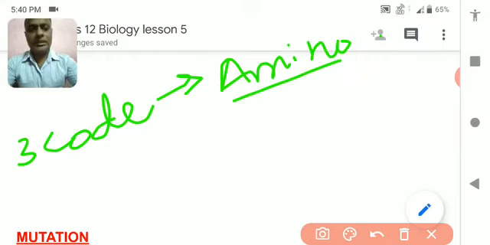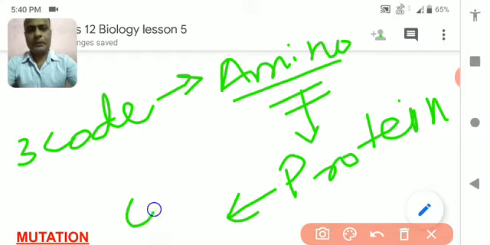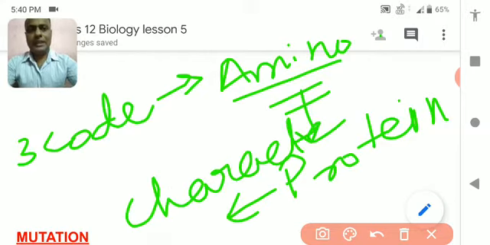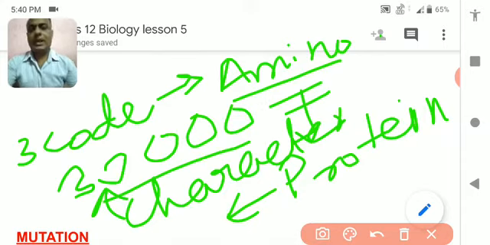A single amino acid or multiple amino acids together make a particular kind of protein, and this particular kind of protein represents a particular kind of character, and there are about 30,000 characters we have. So all these 30,000 characters are due to DNA code. Understood?